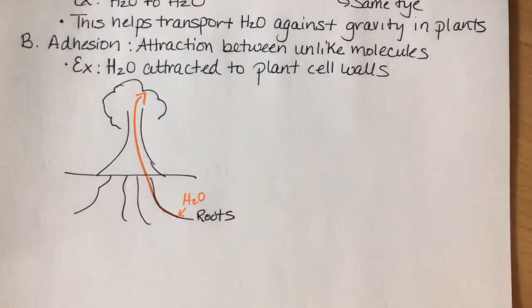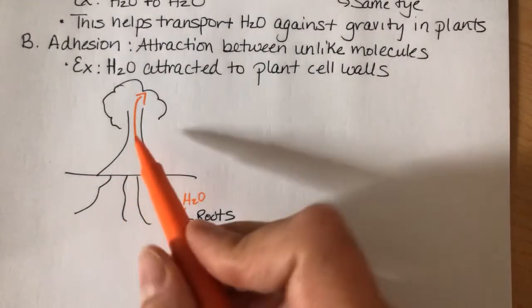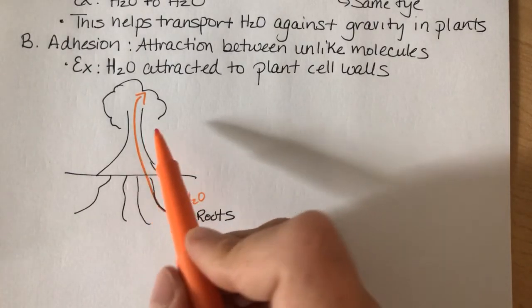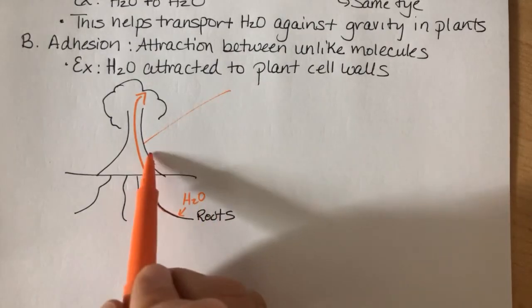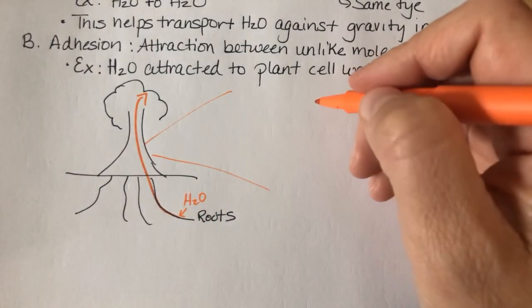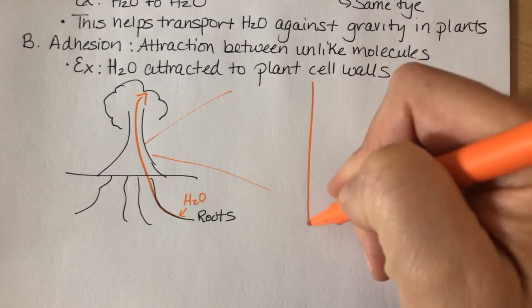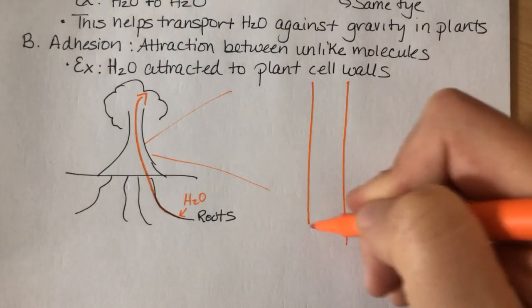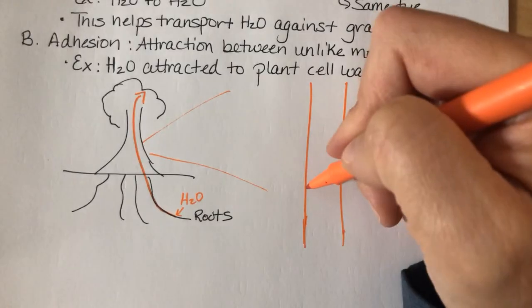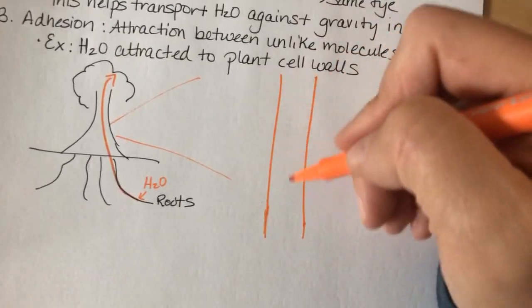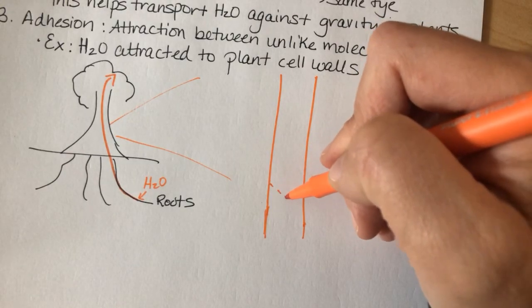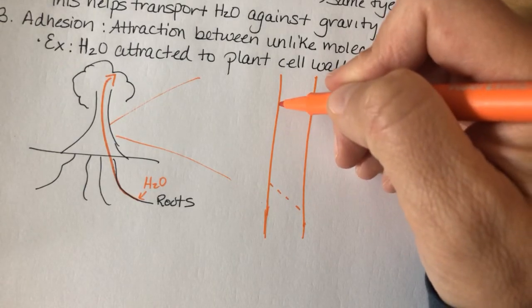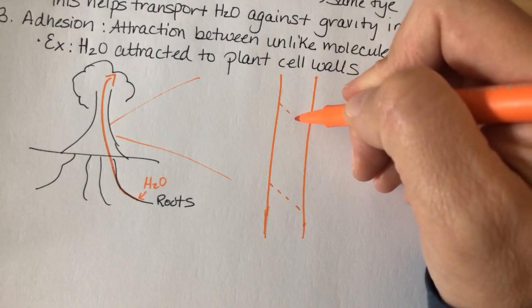So how in the world does water get up there? Well, there's a tunnel system of cells. I'm going to enlarge this part here, and it's a whole big column of cells. I'm going to draw a column here. The cells are long, and the ends of the cells have little holes in them, and they're at a diagonal like this.